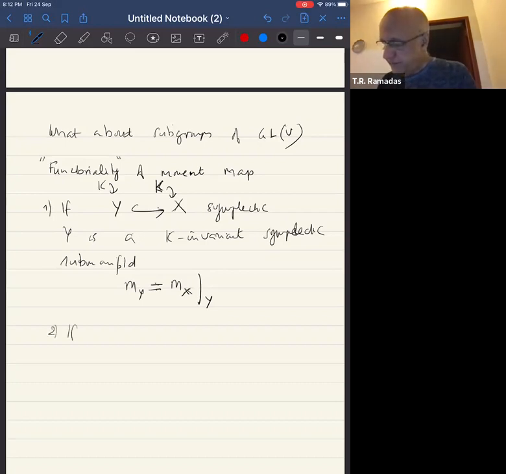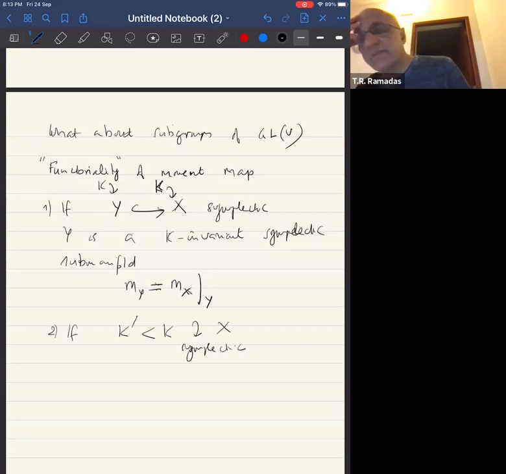Secondly, if K and K prime, so I have this situation. I have a Lie group K that acts symplectically on X, and a subgroup K prime. Now, if the bigger group acts symplectically, then clearly the smaller group will act symplectically.